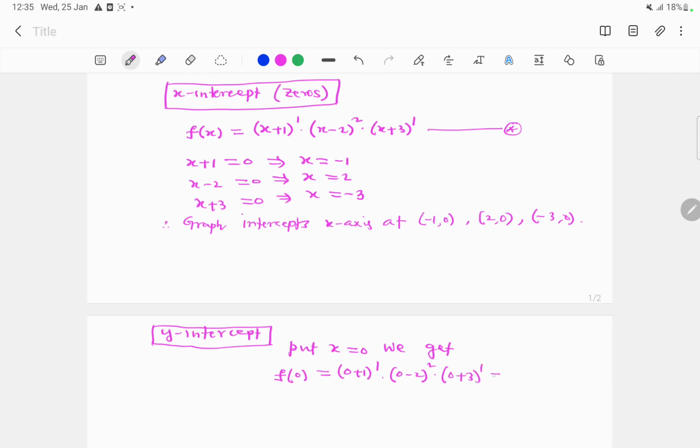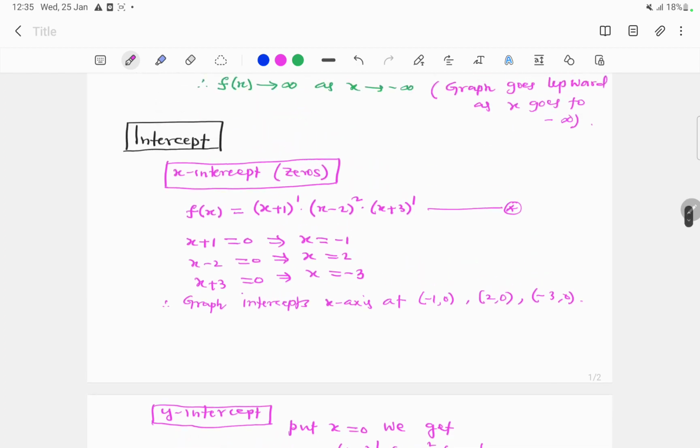So we get 1 times 4 times 3, which is 12. So the y-intercept is 12, and the graph passes through the y-axis at the point (0, 12).